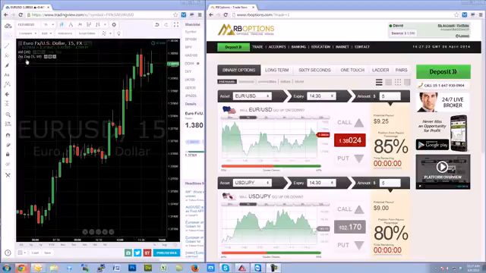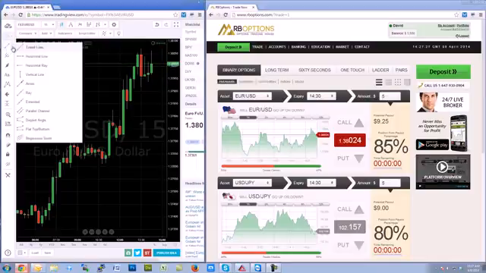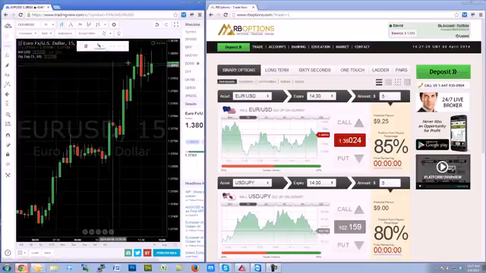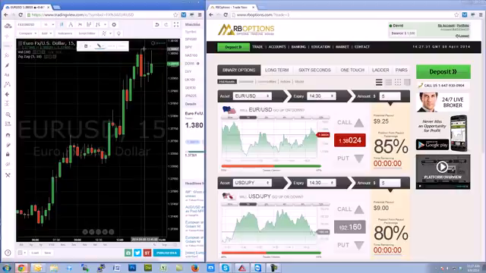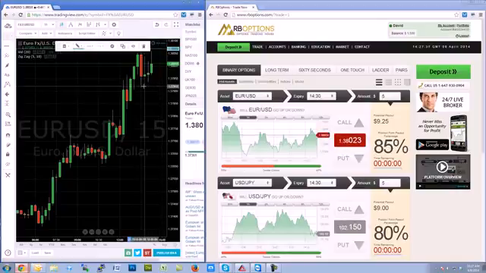So as you can see, this is what they also call an inside bar. If we go ahead and grab our horizontal line tool, we'll mark the top of this red candle right there, and we'll also need to mark the bottom of it. If I can see that, there we go.